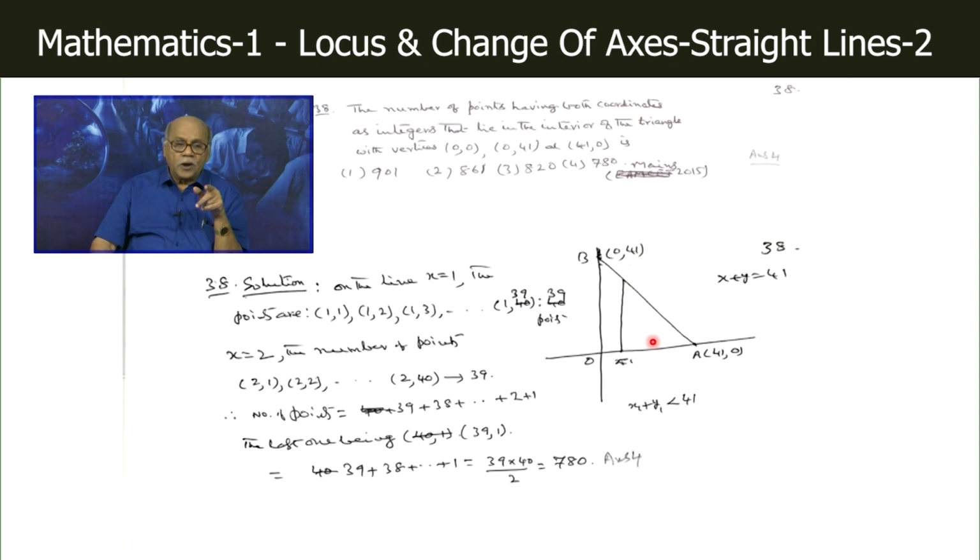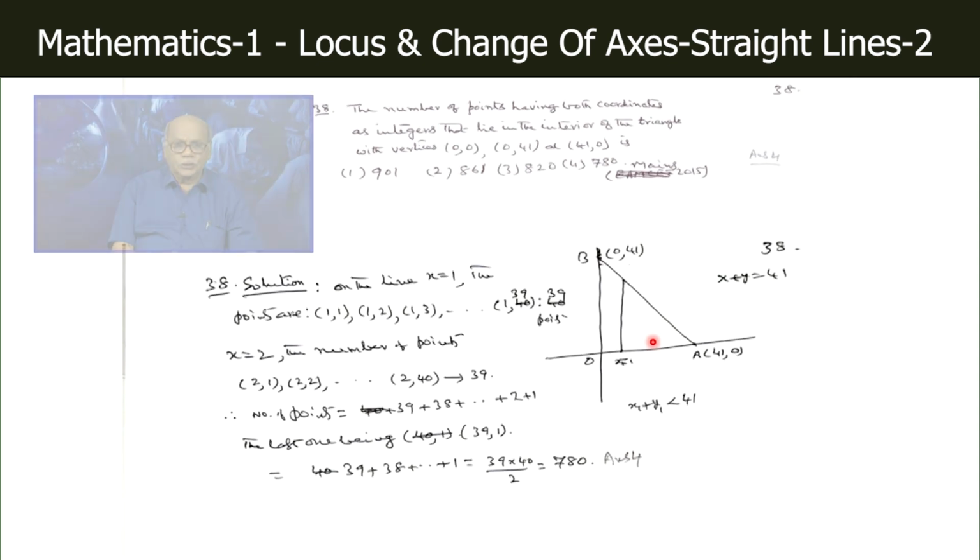So the required points must lie on the lines x is equal to 1, x is equal to 2, x is equal to 3, similarly up to x is equal to 41, with integer coordinates.